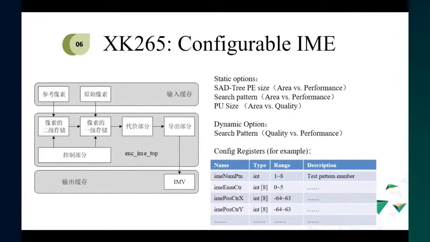It is also used to adjust the area versus quality. For dynamic options, we can configure the search pattern. You can use different faster search methods, and this search pattern will affect the quality versus performance.